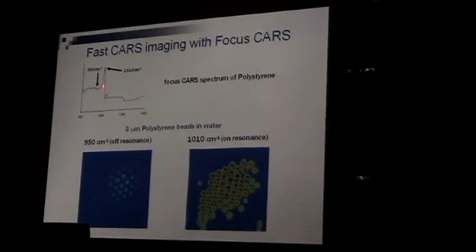The reason it's moving up and down is that the bead is moving around between time points. If I set it to 1,100 wave number, the signal looks like this, taking about 1 second per image. If I look at 550, most of the signal is depressed, but you still have something remaining.